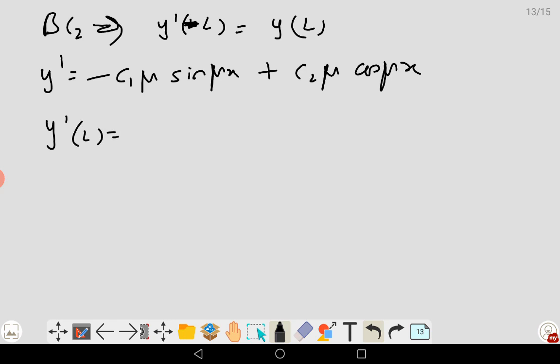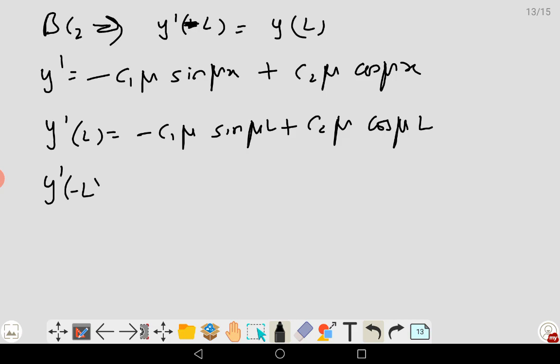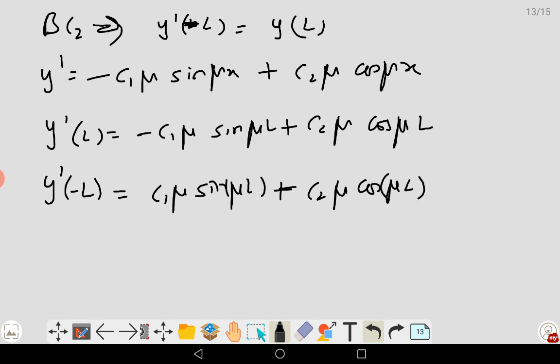Substitute x equal to L: minus C1 mu sin mu L plus C2 mu cosine mu L. For y prime of negative L, this will be positive C1 mu sin mu L plus C2 mu cosine mu L, because sin will give a negative outside, so it will be positive. Cosine will retain the sign.